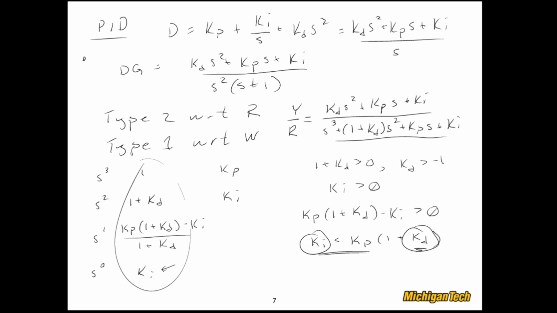Now just one last set of comments before we wrap this up. I'll just call these other features, and maybe put features in parentheses because these might be considered negative features, but they're features. So let's look at the Kd term. In the time domain, that's really Kd times E dot, the derivative of the error signal.